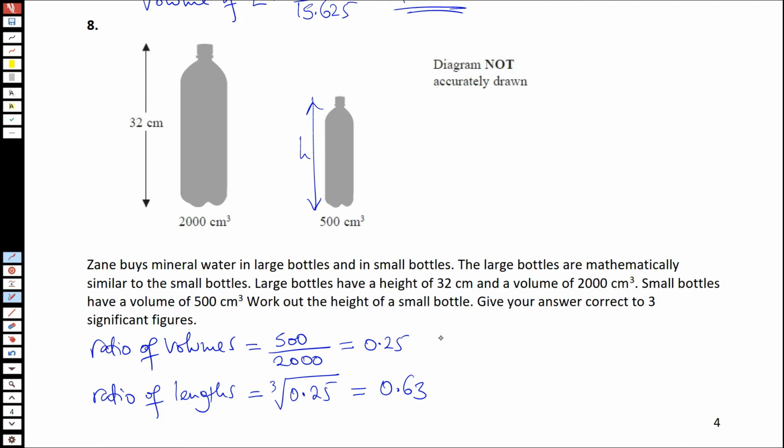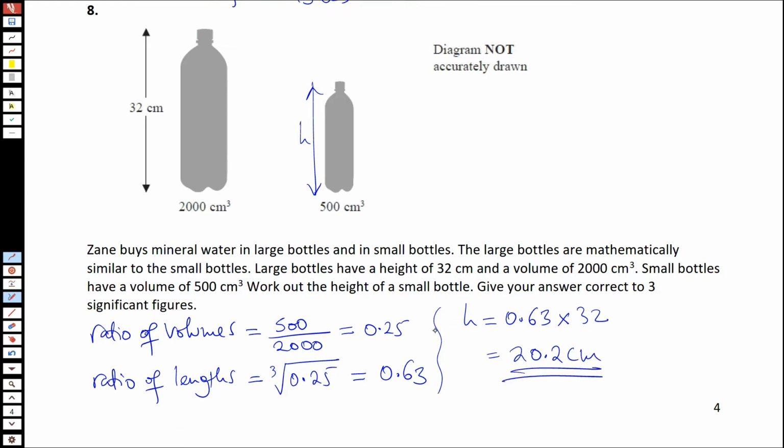So h will be equal to 0.63 multiplied by 32, and that will be equal to 20.2 centimeters, because that's length. Good.